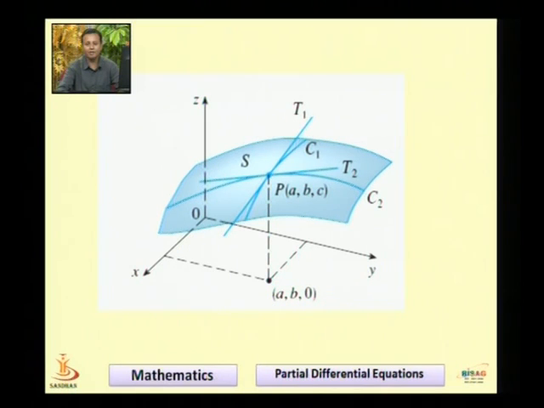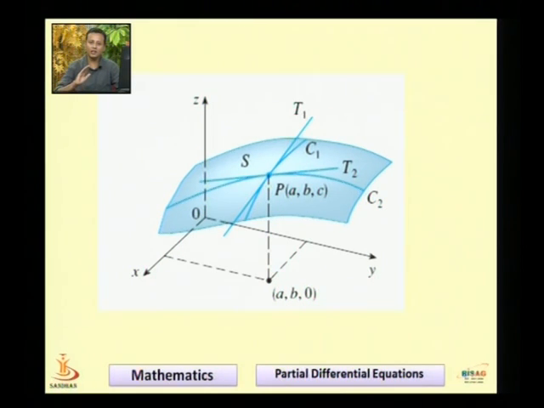Then the partial derivative of this function z equal to f of x y, which geometrically is a surface S as shown in the figure, with respect to x is nothing but the slope of the tangent drawn to the curve C1. Why C1?